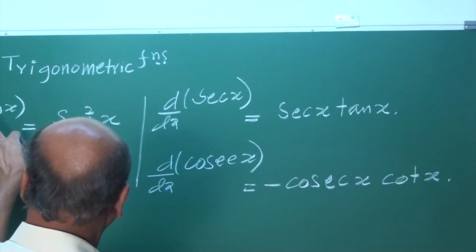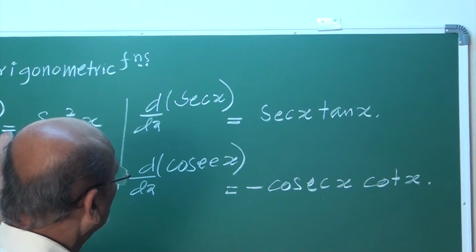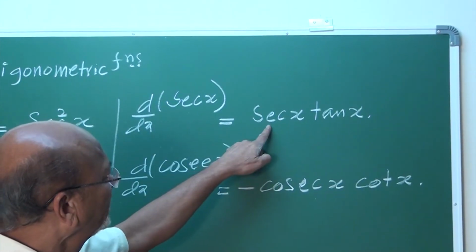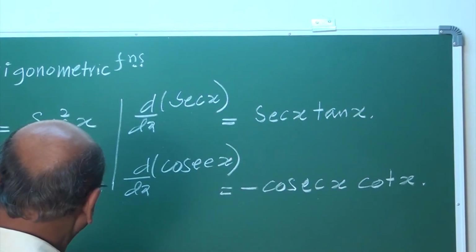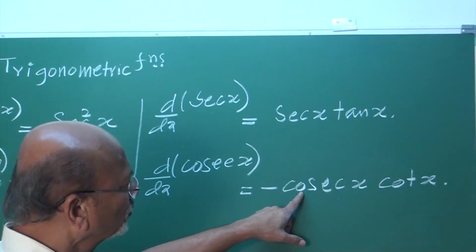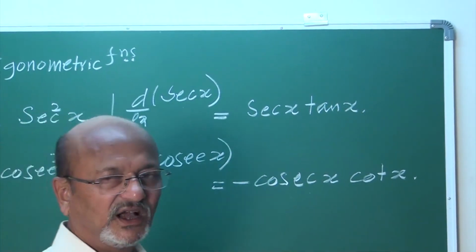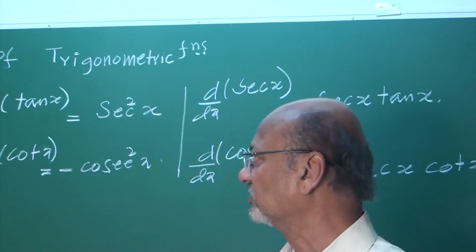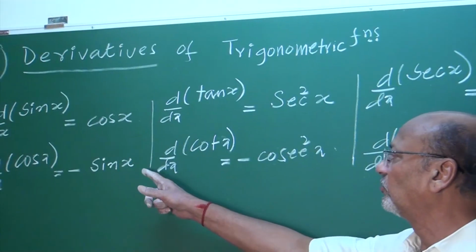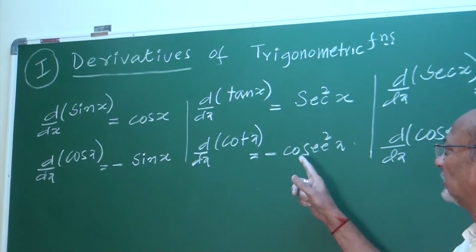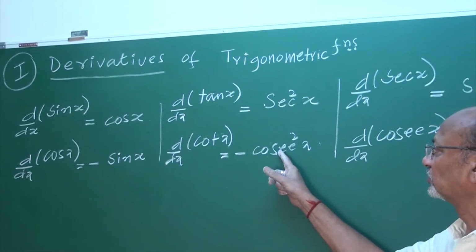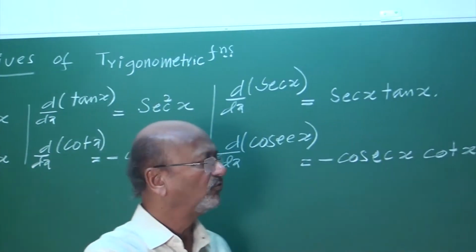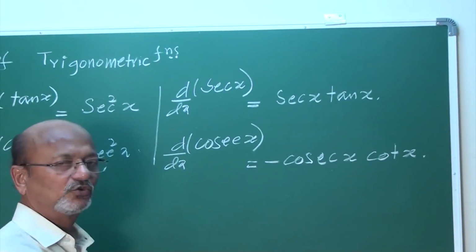Sec into tan: once again the relation between sec and tan only. The derivative of sec is sec x into tan x. Cosec is once again between the two: minus cosec x into cot x. It becomes very easy to remember. Here is one more observation: the derivatives of cos, cot and cosec are minus sine, minus cosec square and minus cosec into cot.